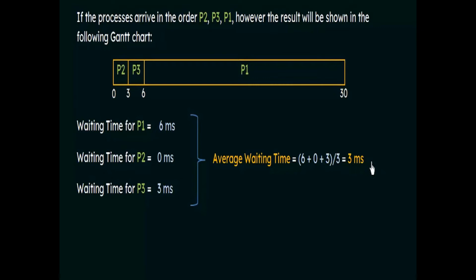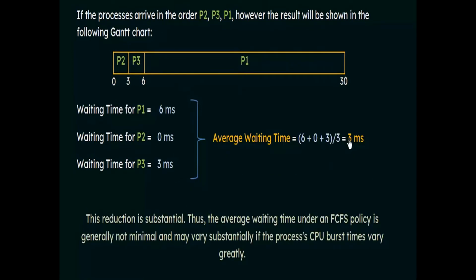So if we change the order of arrival of processes, there is a huge difference in the average waiting time.